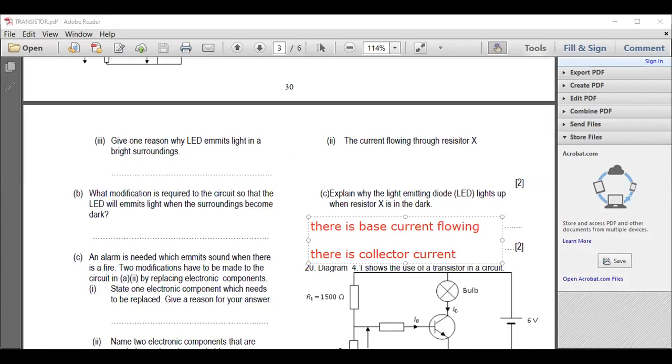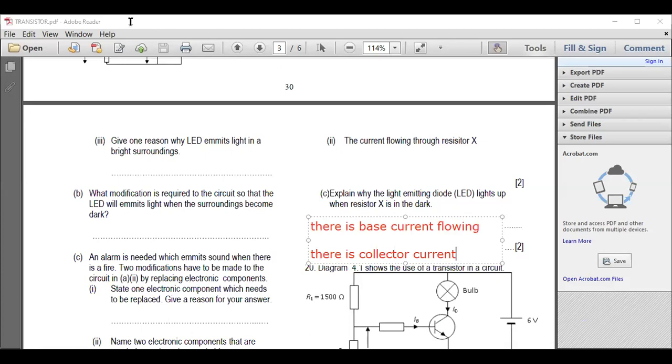There's base current flowing, there's collector current flowing. Sometimes they use the words base circuit is switched on, collector circuit is switched on. So base circuit switch on, collector circuit switch on. Base circuit switch off, collector circuit switch off.